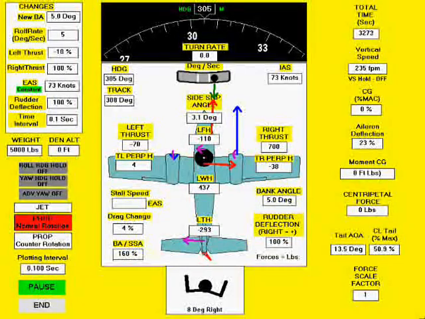Now, starting with the 73 knot VMC value at 5,000 pounds and 5 degrees bank angle, we change the weight to 6,000 pounds, and note the required rudder deflection is now less than 100%.